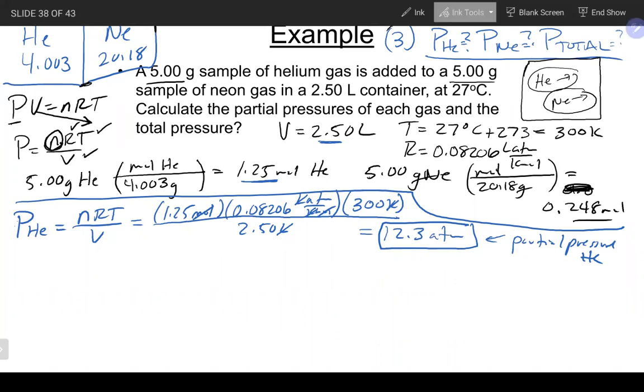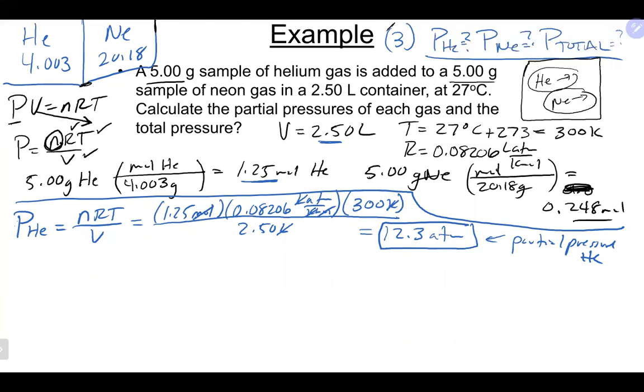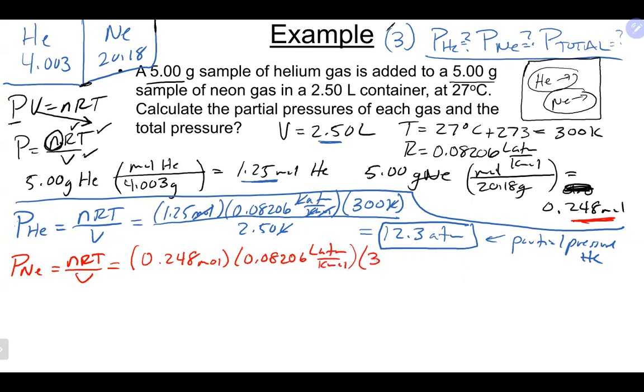We're then going to do pretty much the identical calculation for neon. Really the only thing that's going to be different is the moles of neon. We're going to use pretty much the same numbers throughout, but we will obviously use the correct moles for neon, which is 0.248 that we calculated earlier. We'll use our gas constant. Again, it's in the same container, which means it has the same temperature and the same volume as well.